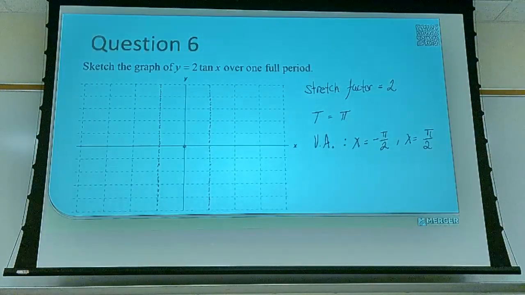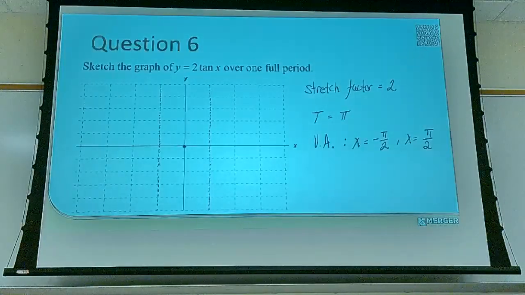Tangent of 0 is 0. And this way you have to know how the tangent behaves. On the left side of a vertical asymptote, it increases to infinity. On the right side of a vertical asymptote, it decreases to negative infinity.